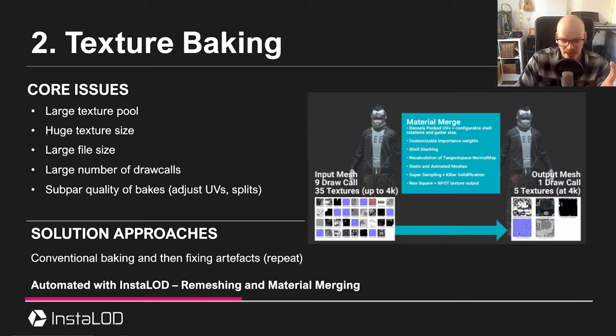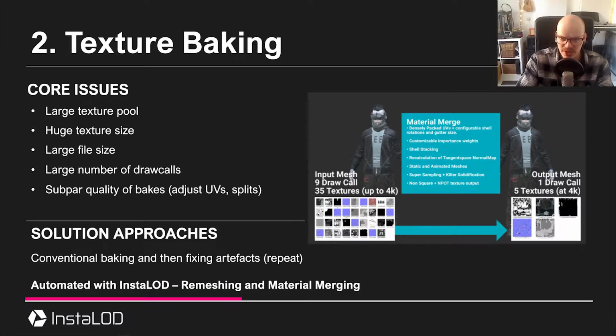Now, when looking at baking, we need a baker that is stable, creates good quality results, and also can handle big files. And I don't only mean big files in regard to the polygon count, but also big textures, because when we're working with, let's say, scan files, photogrammetry, you can oftentimes end up with massive files, hundreds of millions of polygons, but then you also end up with like 20 16K textures as an input, because maybe you've scanned an entire city or something like that.